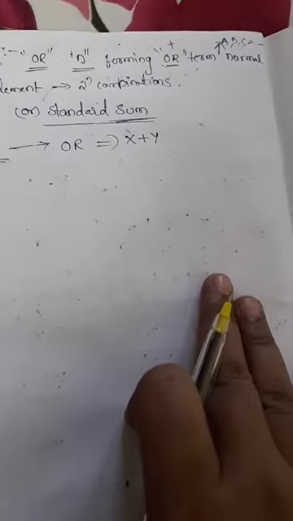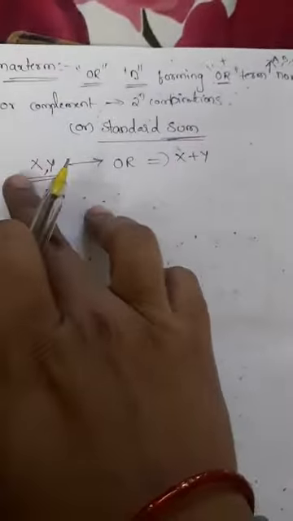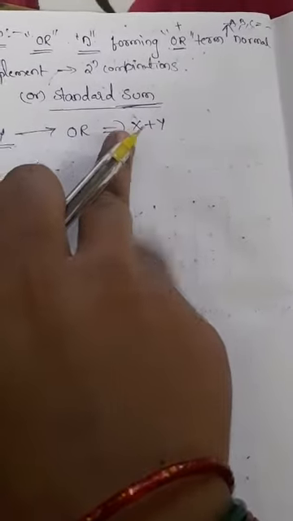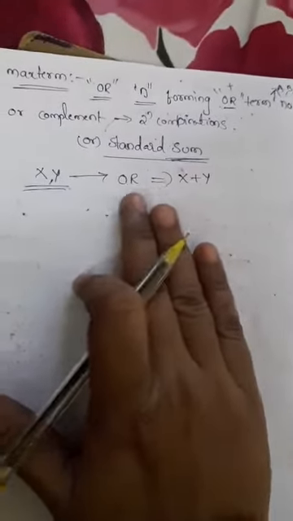Each max term is obtained from an OR term of the n variables, which may be represented in complemented or uncomplemented, that is, normal form or complemented form. Now we'll see how to represent it.